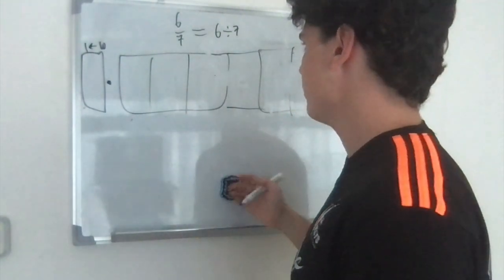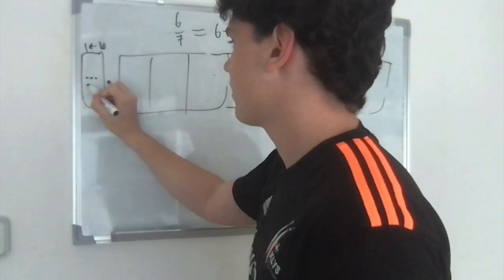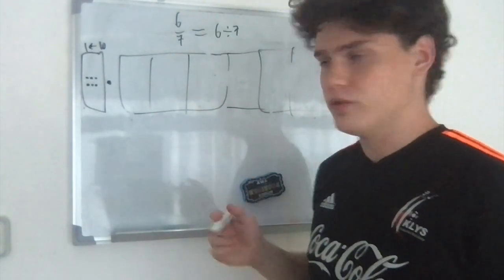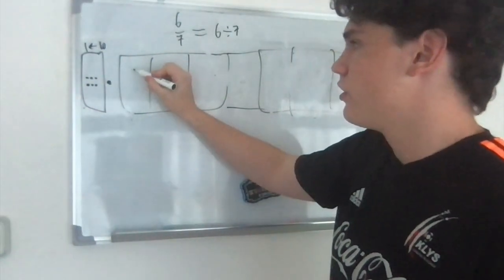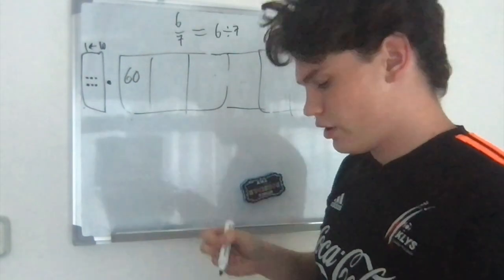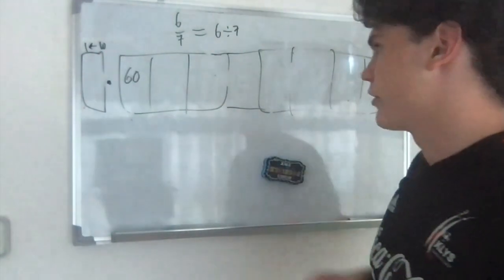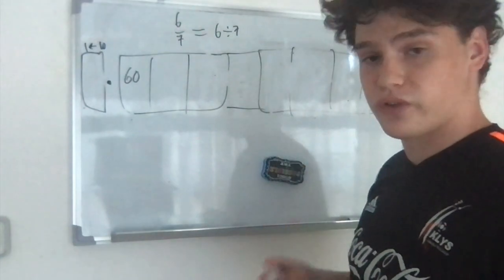So what we can do is we take 6 of these dots, right? And what we can do is we simply unexplode all of them, right? So let's get 60 dots here in place of these 6 right here, right? And in these 60s, we're simply looking for 7.